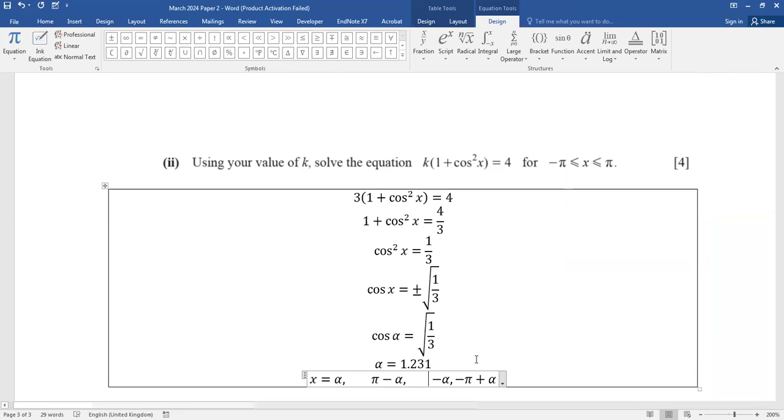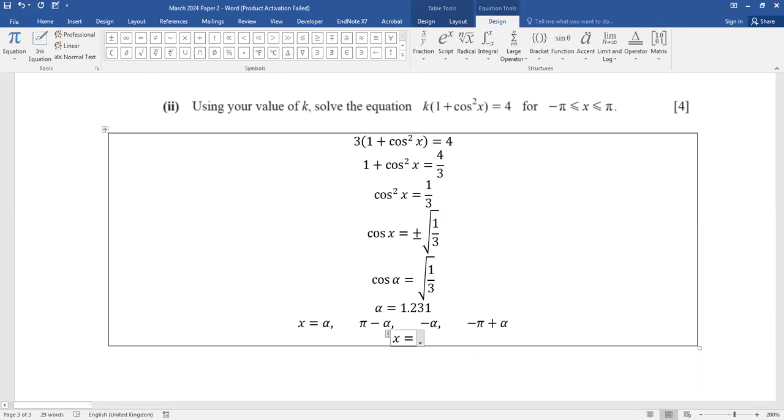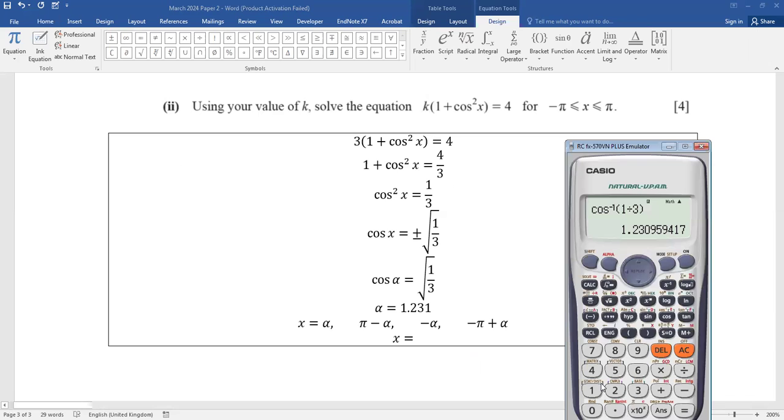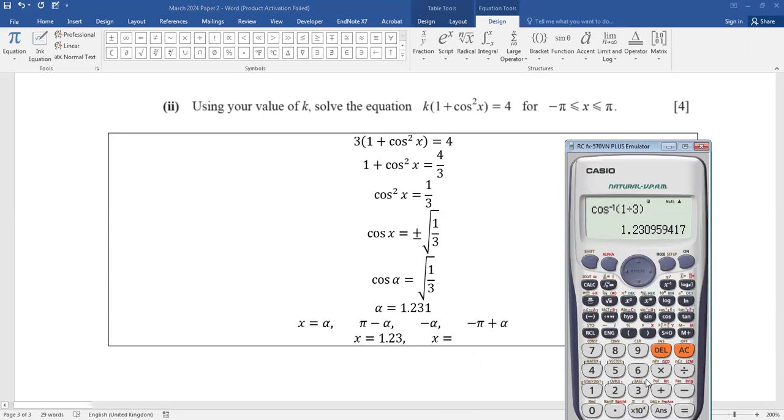So these are the four values of x that we will end up getting. So 1.23. Another value is pi minus the answer, 1.91.